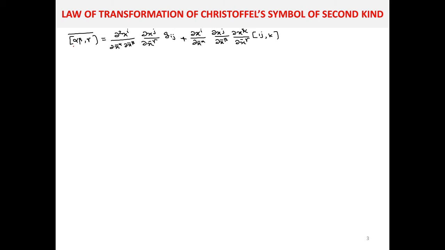Now to get the transformation equation of the Christoffel symbol of the second kind, what you have to do is you just multiply it with g bar.